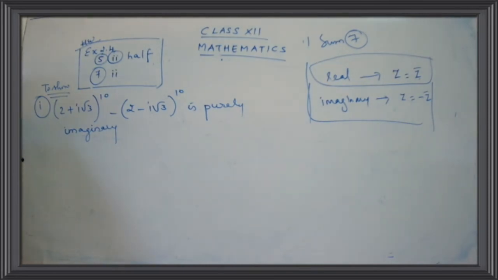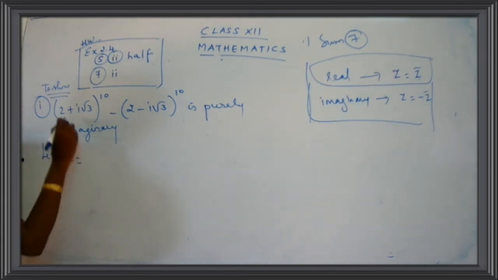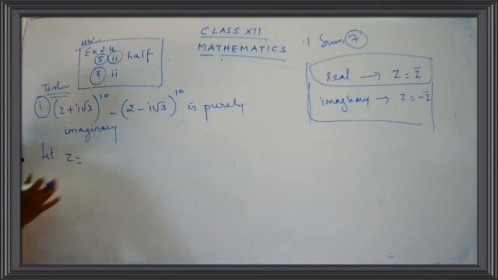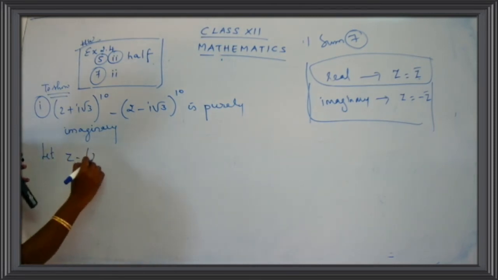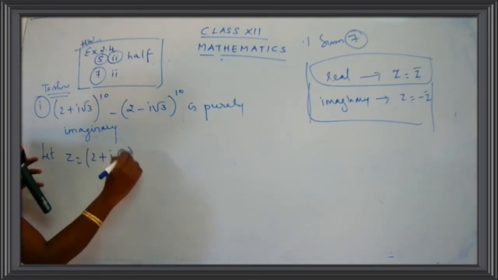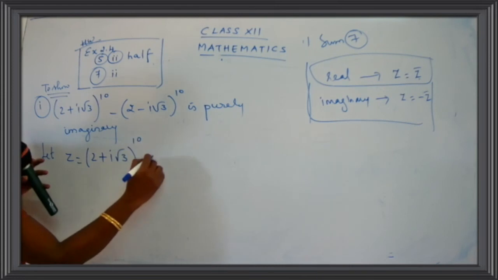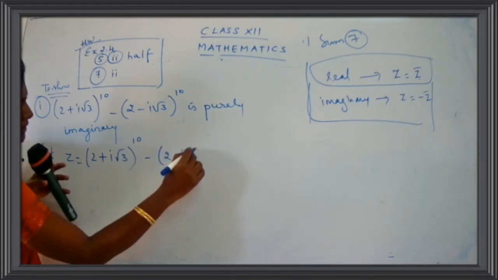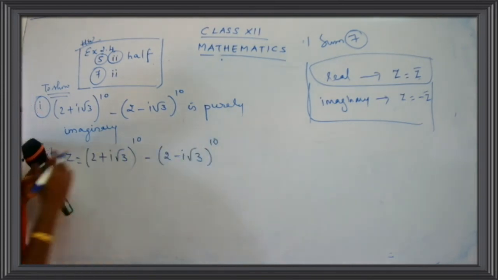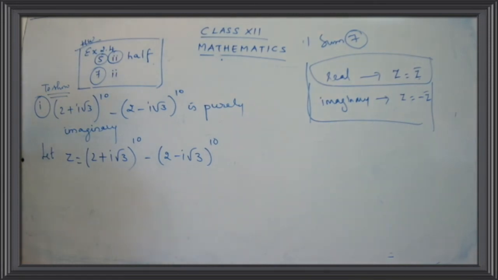So write down here, let z is equal to... I'm going to copy the same question. You are going to do the sums along with me. Let's start writing down the sums. Let z is equal to (2 plus i root 3) to the power 10 minus (2 minus i root 3) to the power 10. I have just taken down the question as it is.